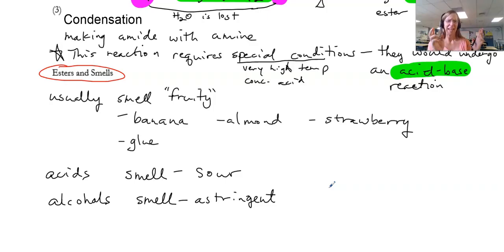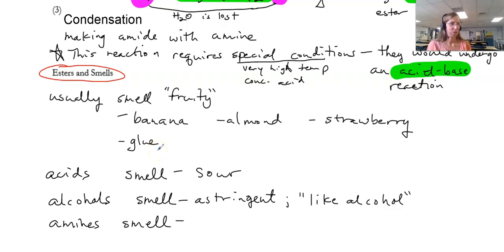Astringent is a word for that, but even if you just said alcohol, people will know what you mean. And most alcohols smell similar. That alcohol smell can be described as astringent, kind of a strong smell, not really pleasant, not really fruity, but strong. Again, it's too bad we don't have you here so I can make you smell some of these things.